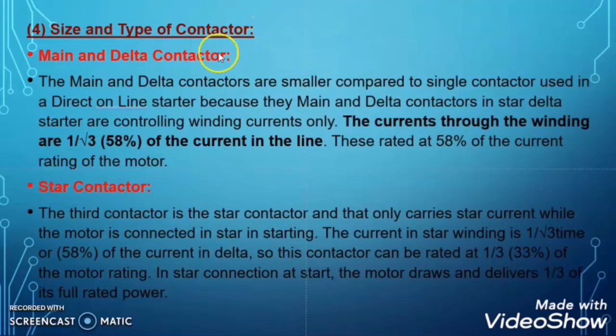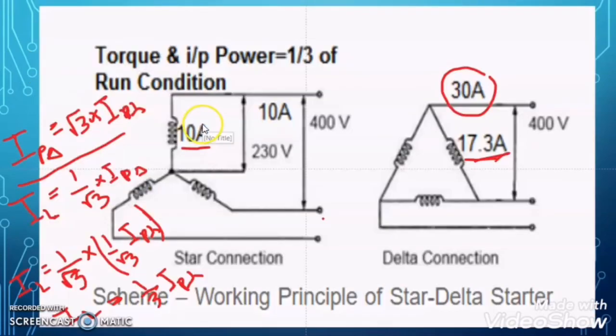Now move to the next topic, that is the sizing of contactors: the sizing of the main and delta contactors, and the star contactor. To better understand this, let us go to this slide.